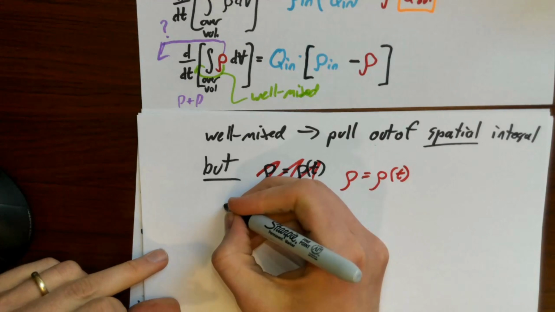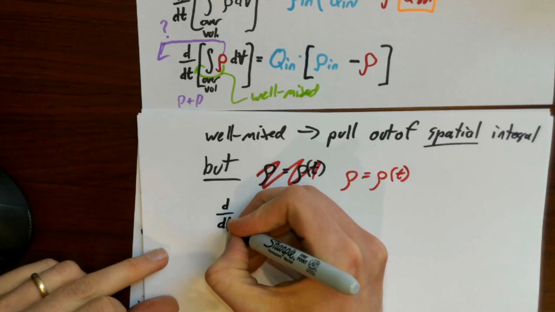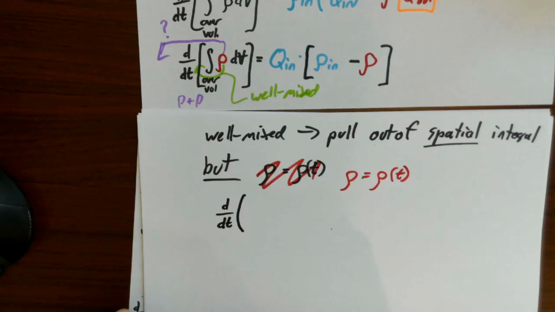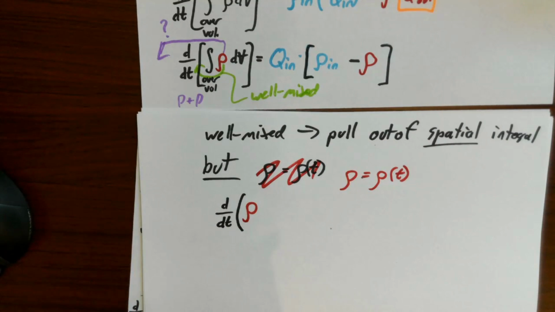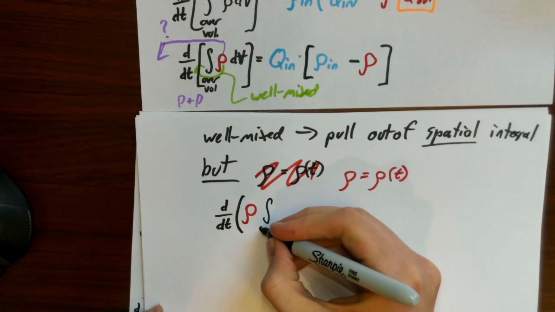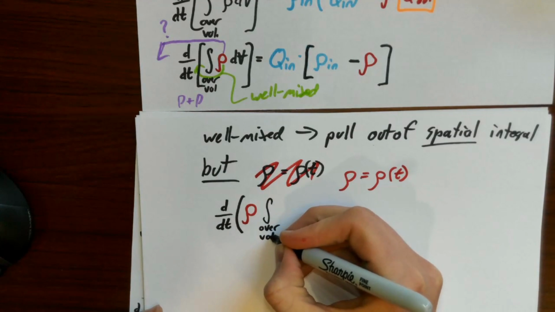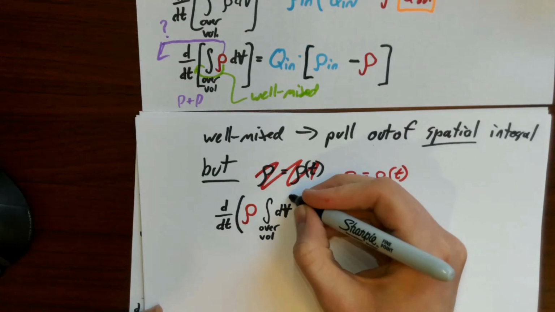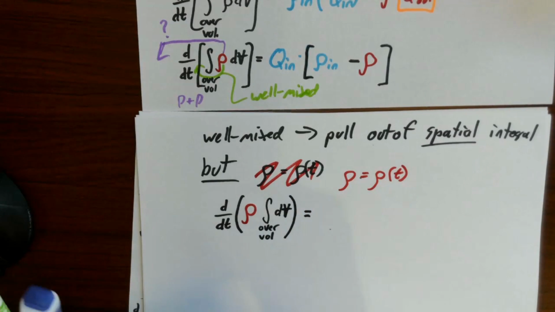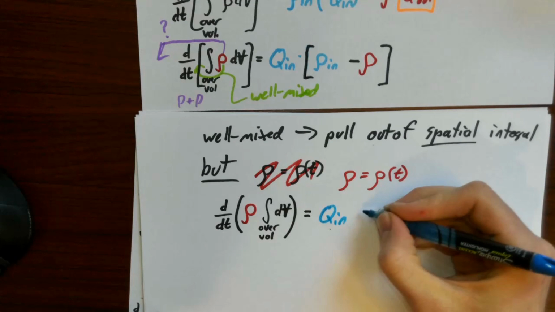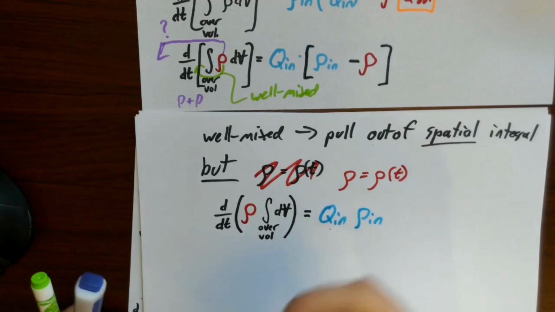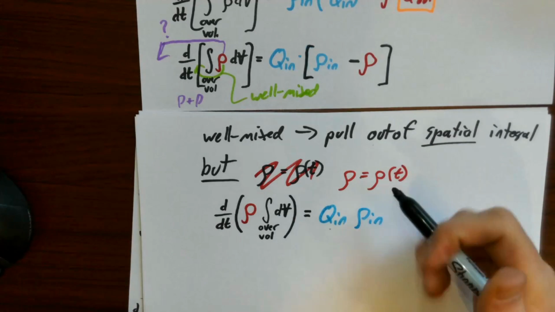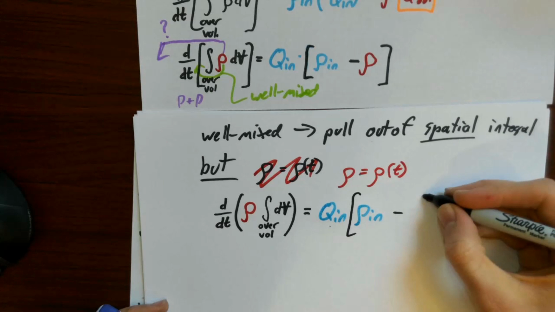Well, that leaves us with d/dt of rho times an integral over the volume of just dV left in the integral, and that's going to be equal to Q in times rho in minus rho.